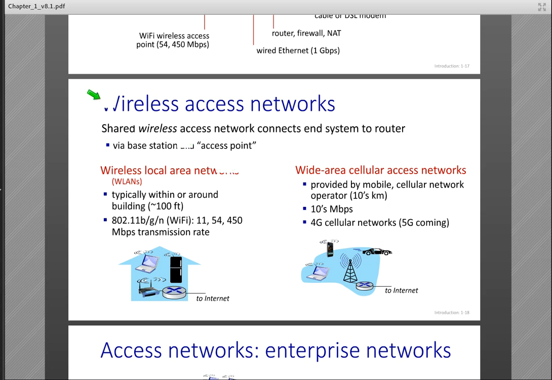Another access network is the wireless access network. When we talk about wireless access networks, we talk about a shared medium for sending and receiving data.